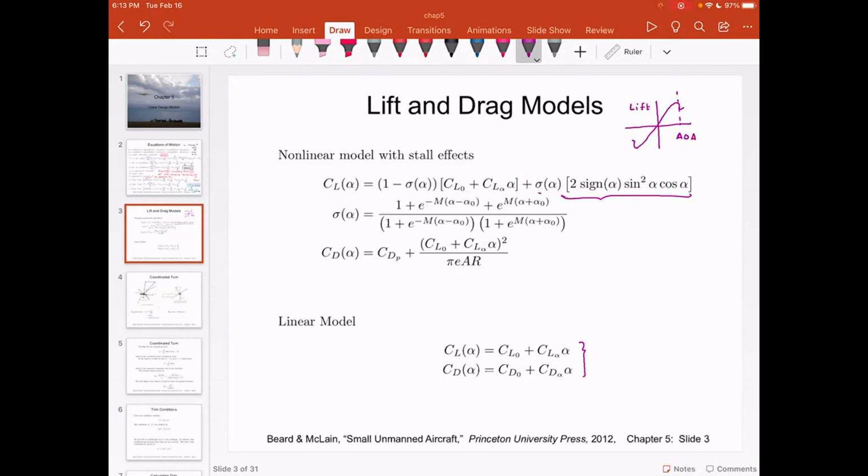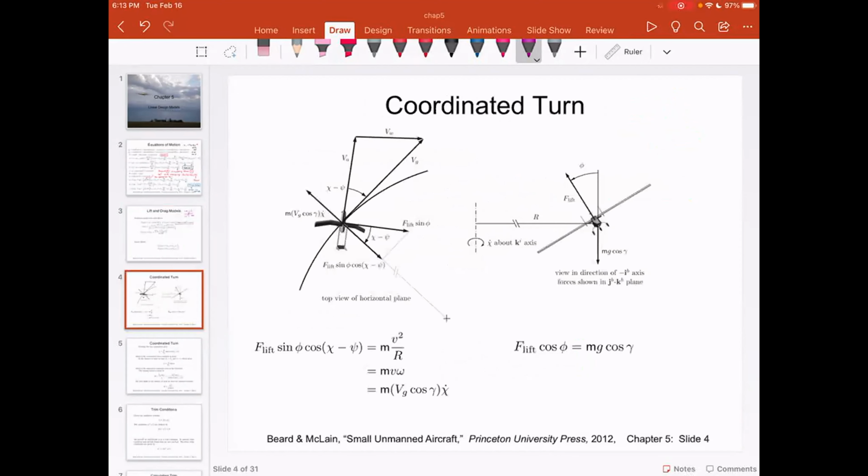Now, the next thing I want to talk about is an important concept called the coordinated turn. A coordinated turn involves banking, so basically you yaw and roll at the same time. And this is a very desired situation.